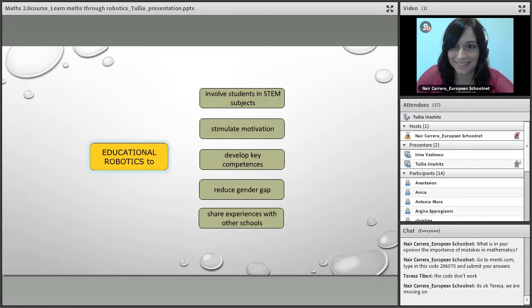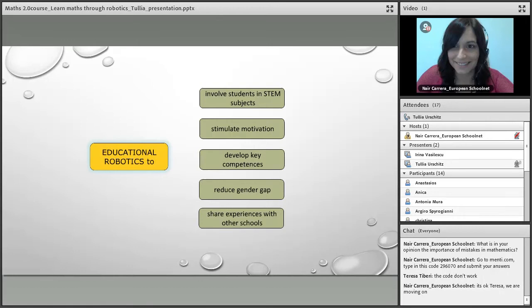Sometimes they think they are not good enough for mathematics. If they fail, they think it's something that they cannot go over. But working with robots, I observed that they become more confident.